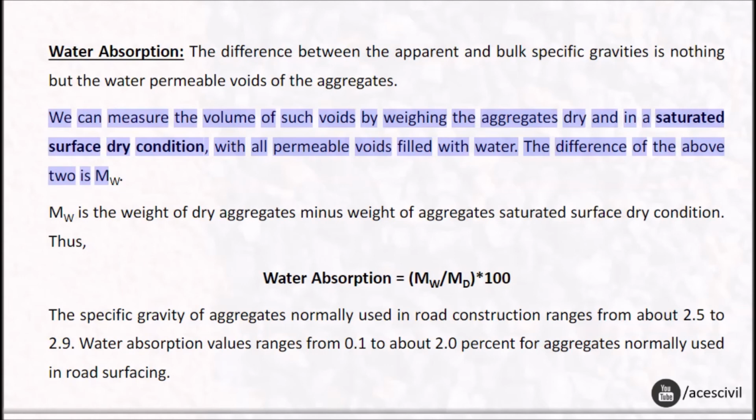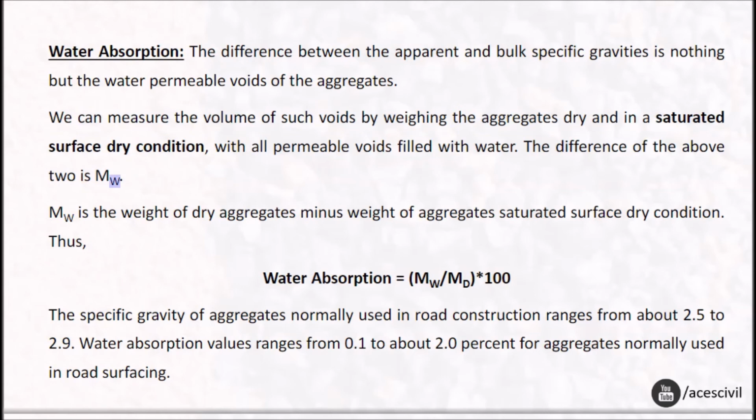The difference of the above two is M_W, which is the weight of aggregates in saturated surface dry condition minus weight of dry aggregates.